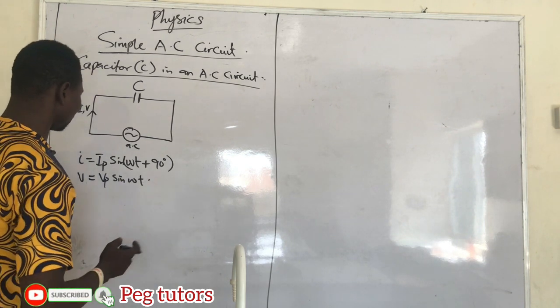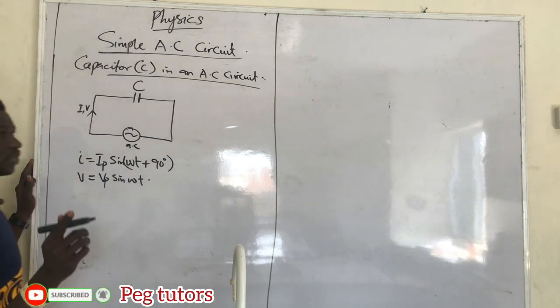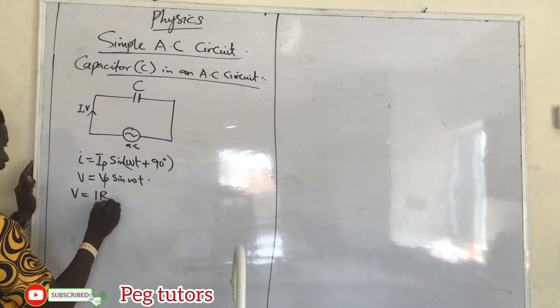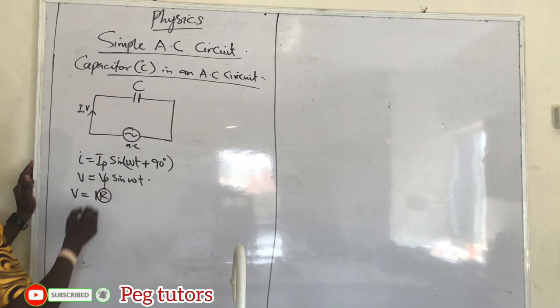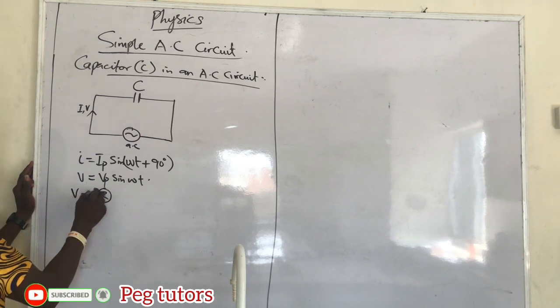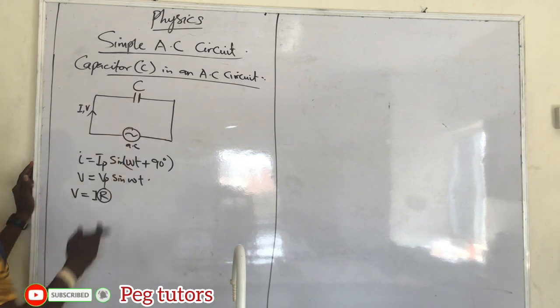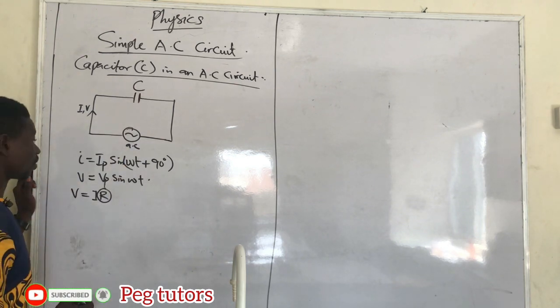Now, from Ohm's law, remember that V is equal to IR. We are going to do the same thing we did for an inductor, because this R ceases to be R now; the capacitor is the one being connected.